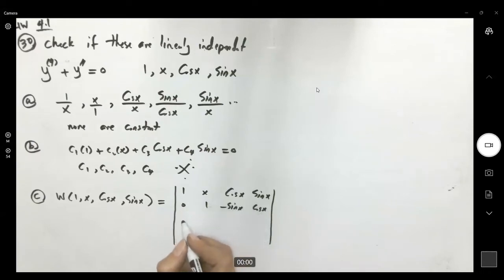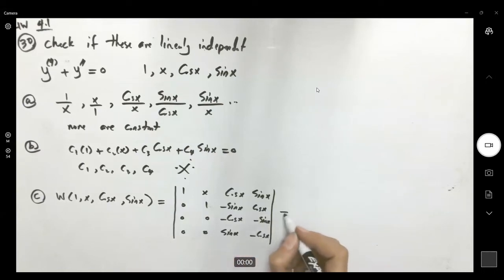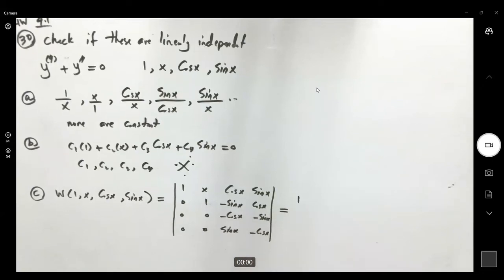The second derivatives: 0, 0, negative cosine, negative sine. And the third derivatives: 0, 0, sine x and negative cosine x. Now we need to find the determinant of the Wronskian. Here you have 1 times, I need more space, let me move this up a little bit.